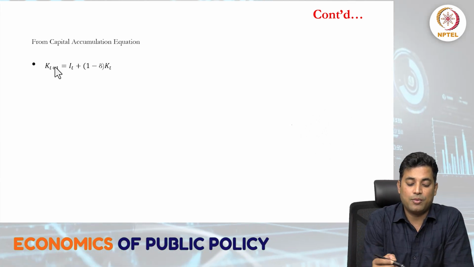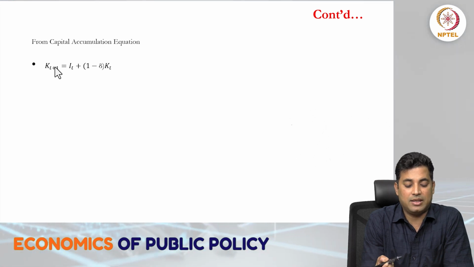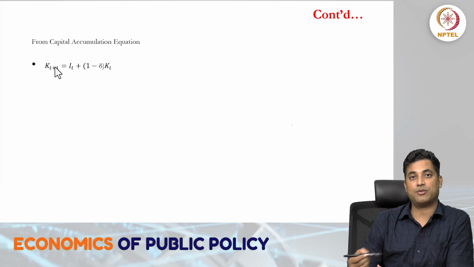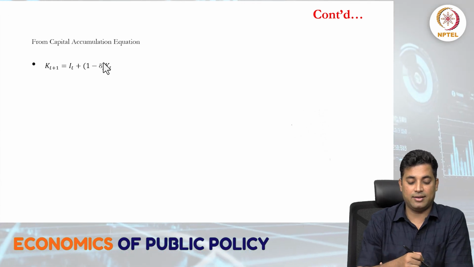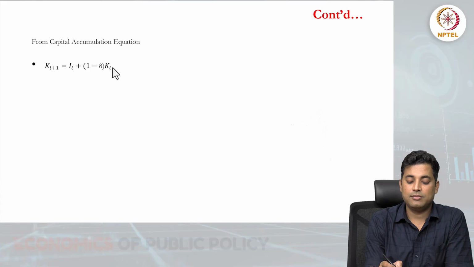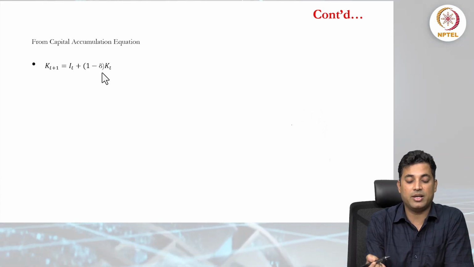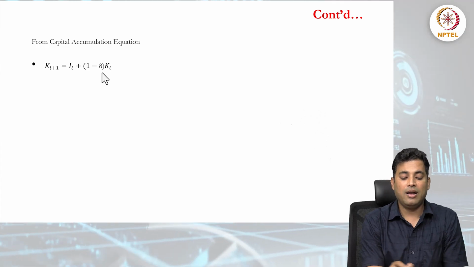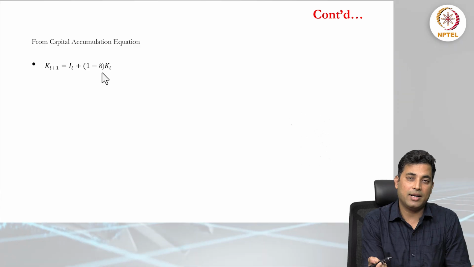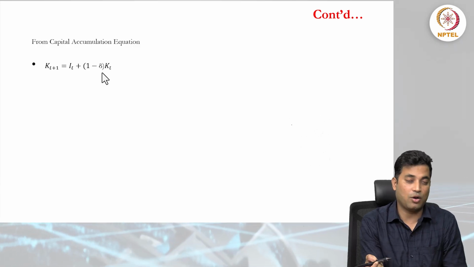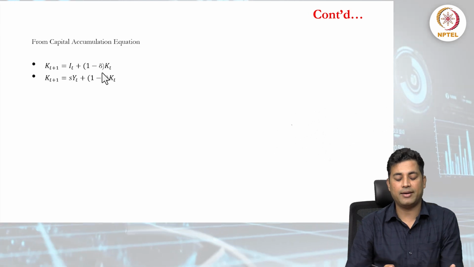Capital stock depends on the investment in the last year: capital at T plus 1 is the present, and then 1 minus delta times the total capital stock of the initial year T. This equation is familiar because we already used it and discussed how it came in the context of the Harrod-Domar model. So Solow also depends on that.